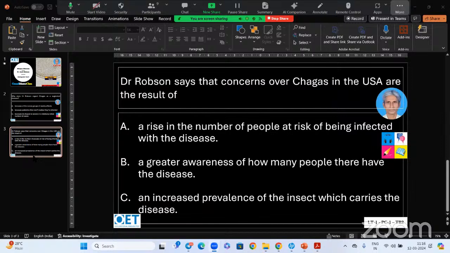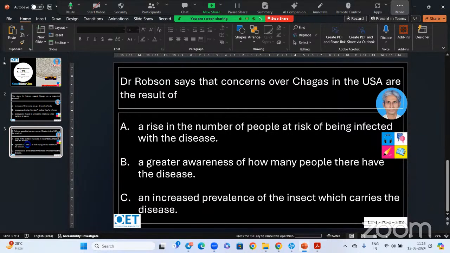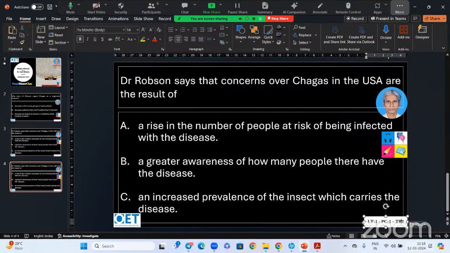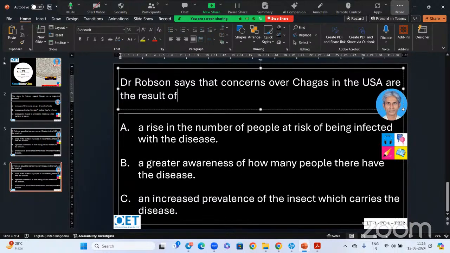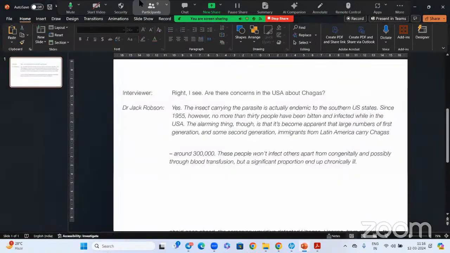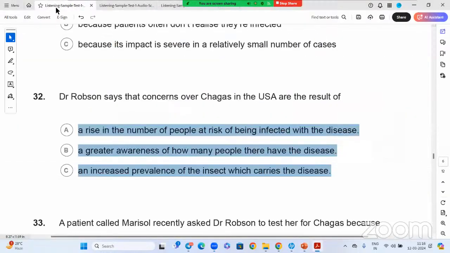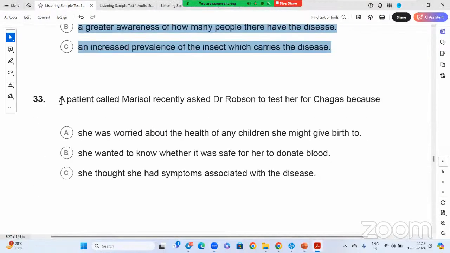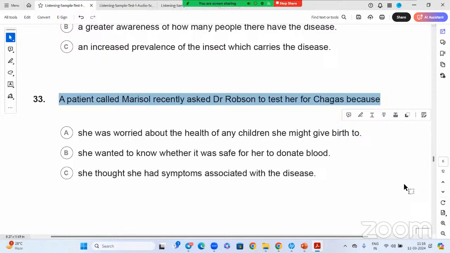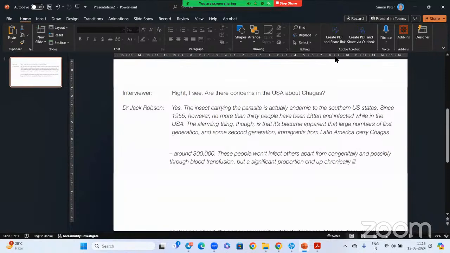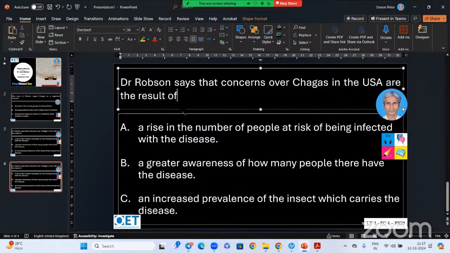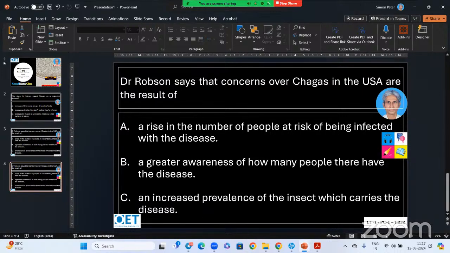So now we'll move on to the third question. We are moving to the third question. These are called the markers. First one is the concerns. Second one is USA. Third one is Marisol.